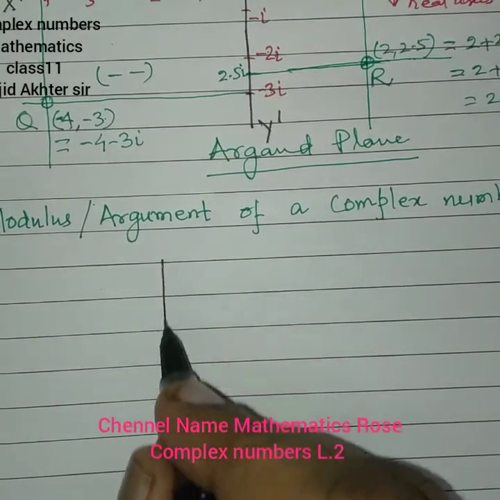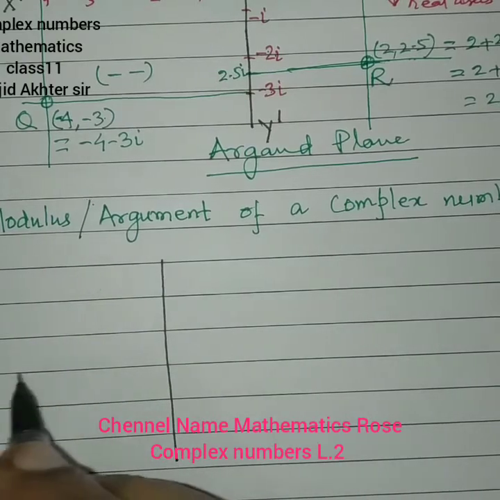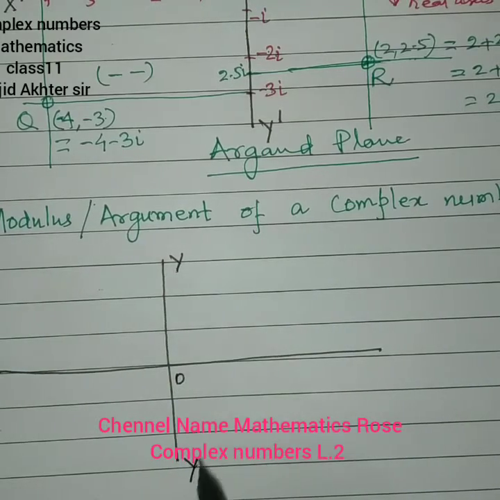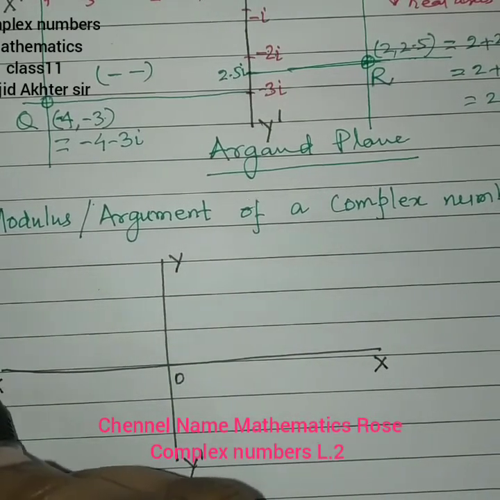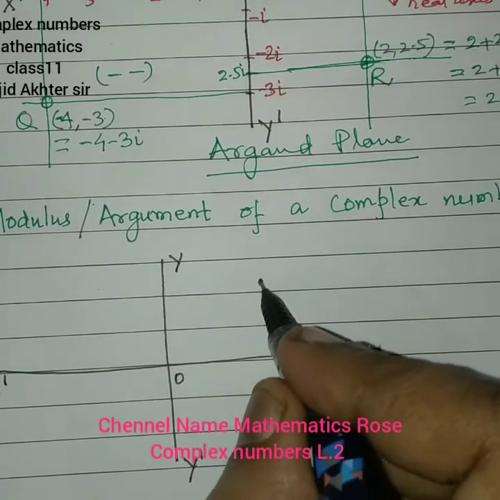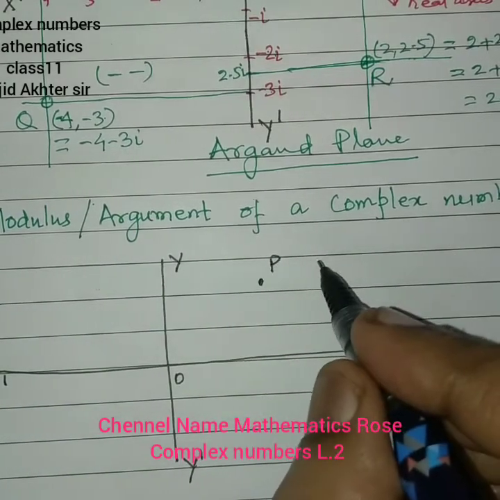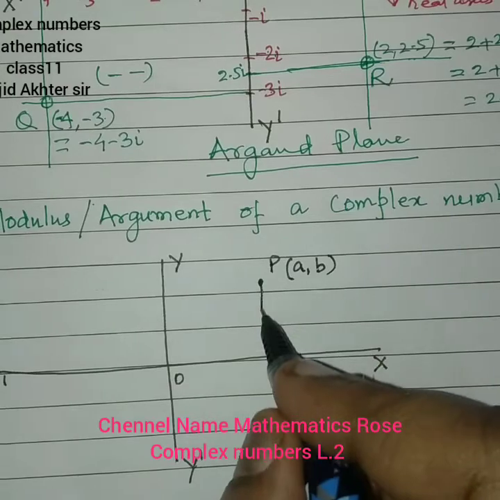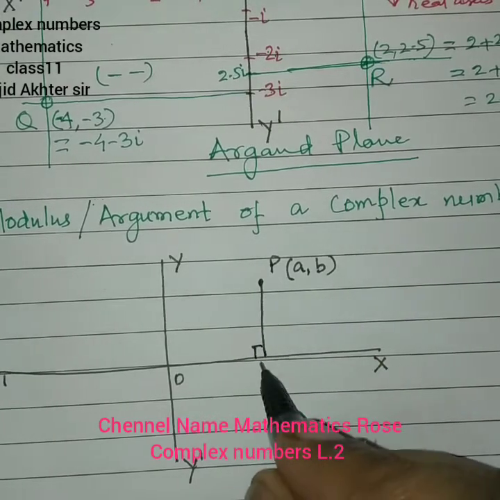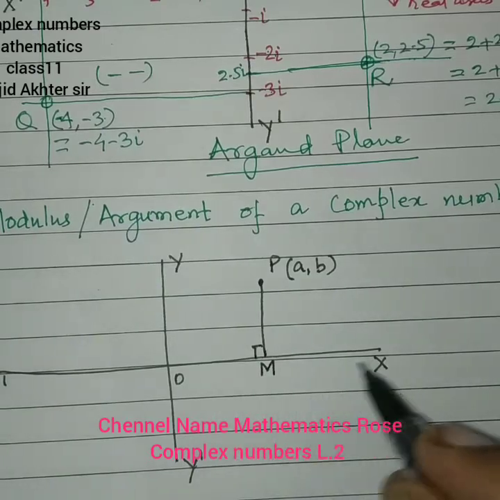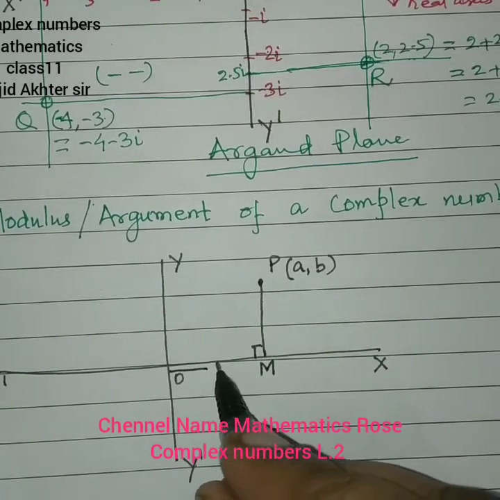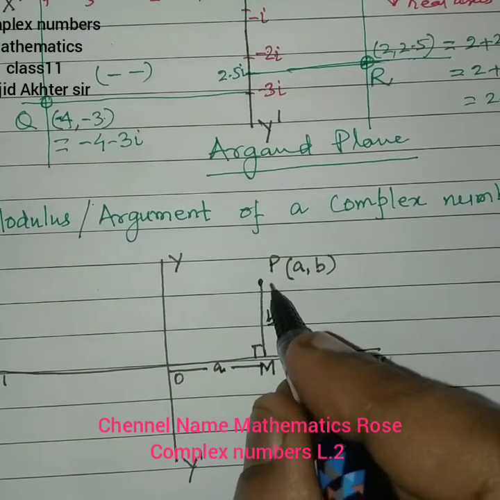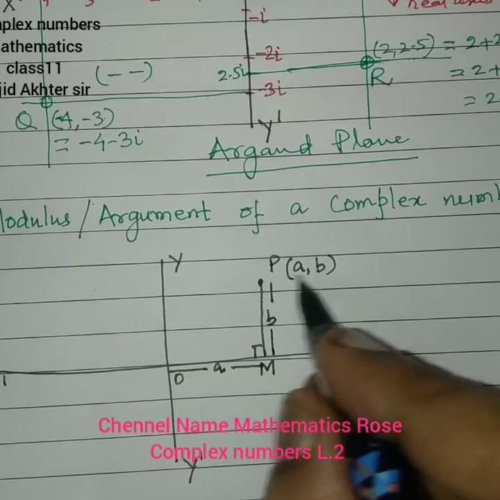Now suppose that I am taking an Argand plane, y o y dash, and this is x o x dash, and here P is any point I am taking in the first quadrant whose coordinates are A and B. It means that if we draw the perpendicular from P on the x-axis, PM is perpendicular over here, so this distance will be along A, OM is equal to A, and the perpendicular distance is B. So this is the Cartesian coordinate, as you know.